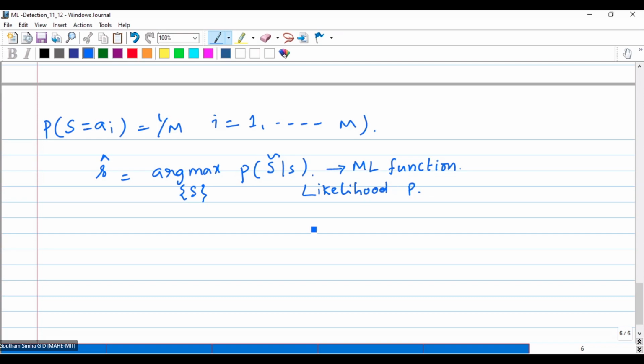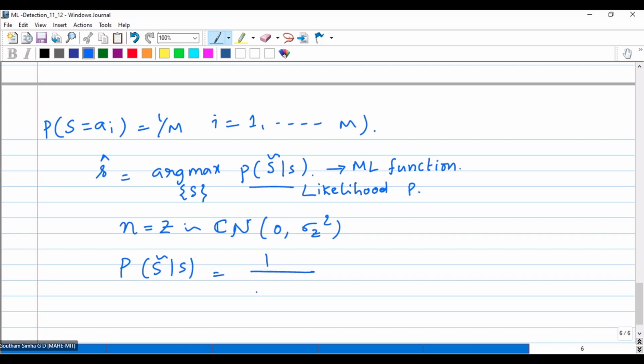Now, our problem is not this. We can rearrange, we can write this in terms of anything. Our problem is noise. That is Z, a complex random variable with zero mean and variance sigma z square. How do you write this in terms of this P of S tilde given S?